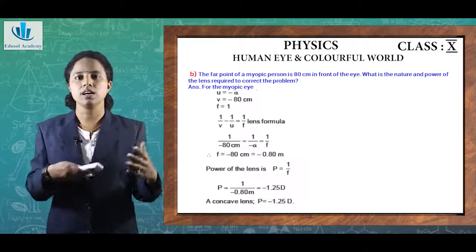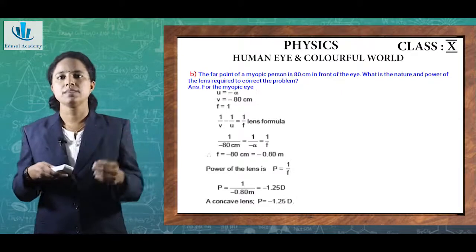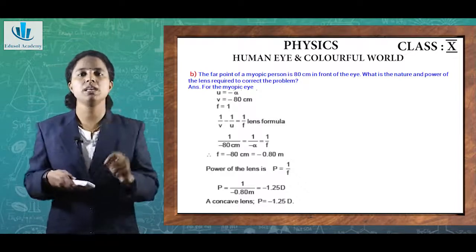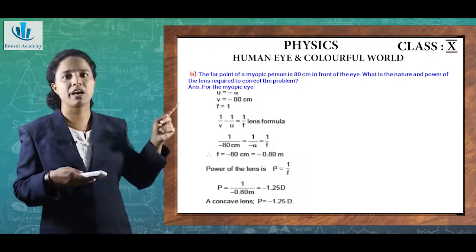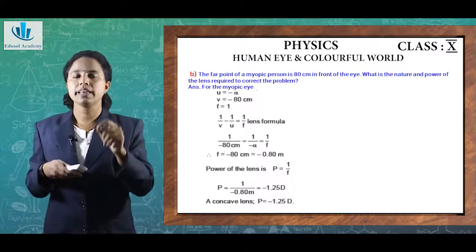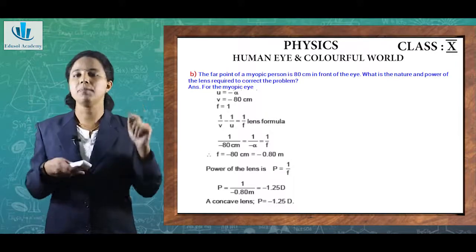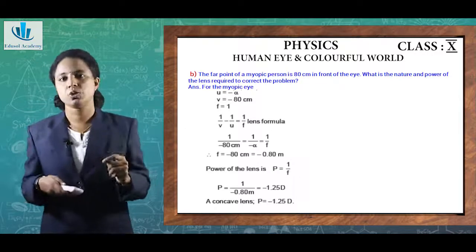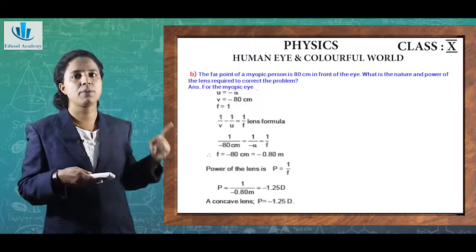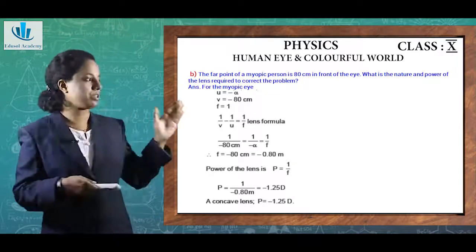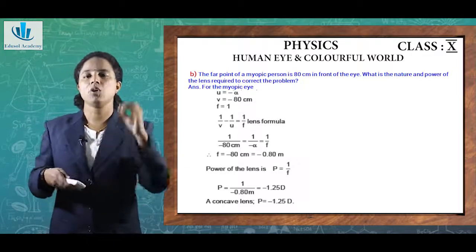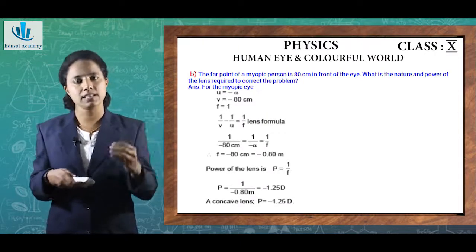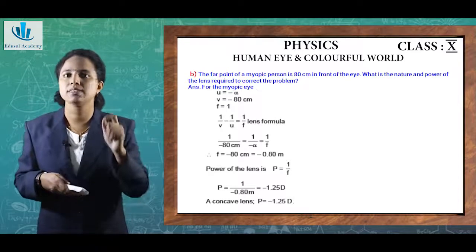So we are substituting the different quantities, as we need to find F. We have two quantities, V and U. Substituting in the equation 1 by V minus 1 by U equals 1 by F, we get 1 by minus 80 minus 1 by minus infinity equals 1 by F. 1 by infinity simply means 0, isn't it?